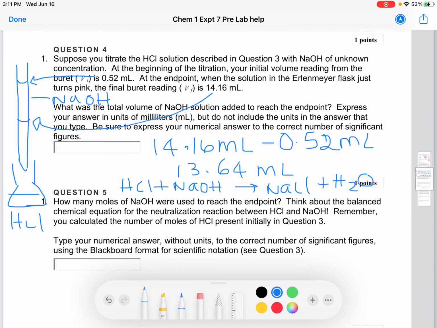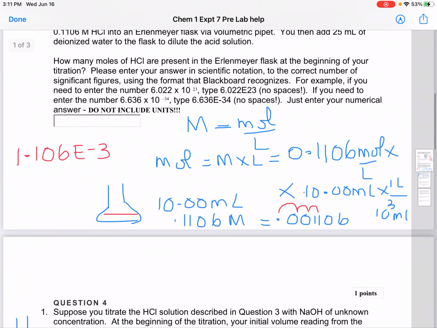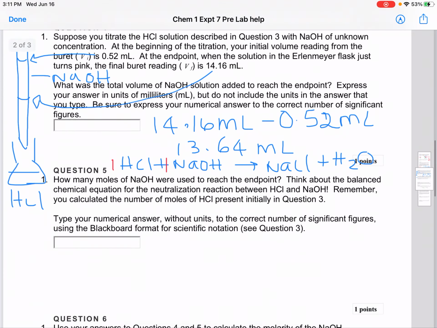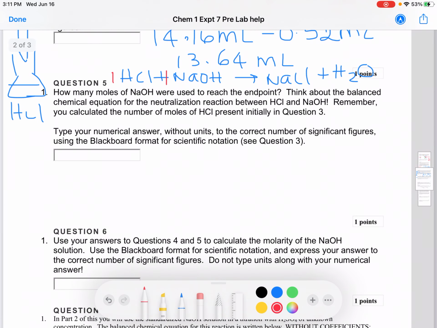It's a 1-to-1 reaction; the molar ratio is 1-to-1. 1 mole of HCl reacts with 1 mole of sodium hydroxide. Earlier in question number 3, we found the number of moles of hydrochloric acid, which is 1.106 E negative 3. Since the molar ratio is 1-to-1, the number of moles of sodium hydroxide would also be the same number, 0.001106.